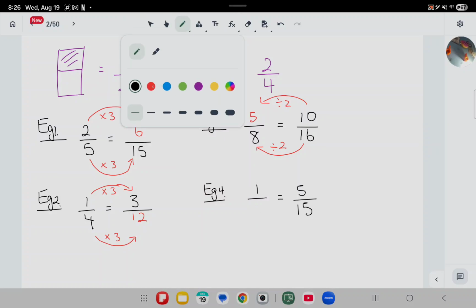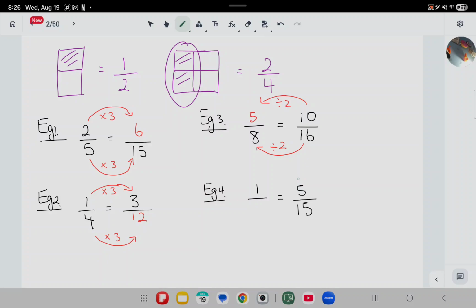So we know we want to find out what is equivalent to it. So we move from a larger number to a smaller number, so therefore we divide. We divide by 5. 5 divided by 5 will give us 1. Whatever we did in the numerator, we also do in the denominator. So we say 15 divided by 5, which will give us 3. So we know that 1/3 is the same as 5/15.